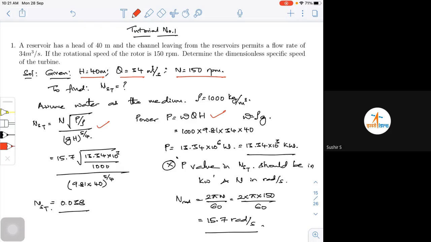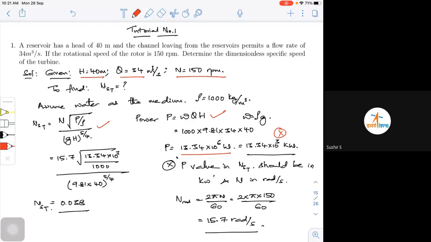You calculate the power using the formula omega QH. Once you're done, I'm going to end up with watts. Ensure that you convert your watts to kilowatts. I have to ensure this, it is very, very important. 13.34 into 10 to the power of 3 kilowatts.